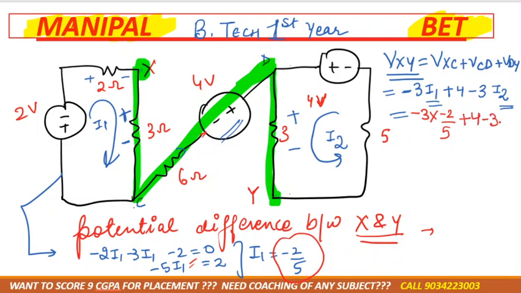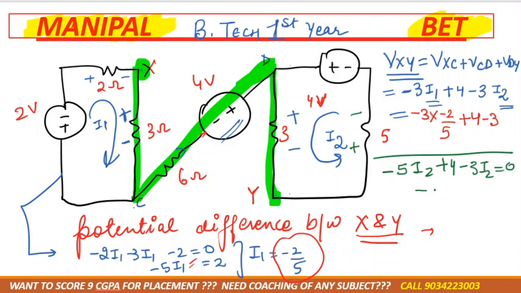Yeah. Now we need to calculate I2. Let's make the equation for I2 also. This one is 4 volt. So it would be positive, negative and positive, negative. So minus 5I2 plus 4 minus 3I2 is equal to 0, right?